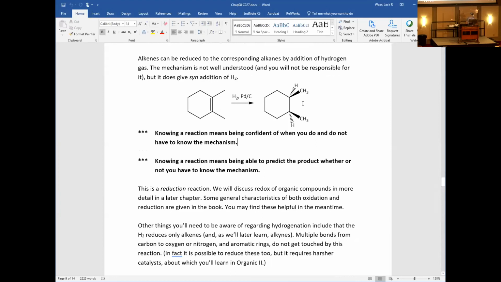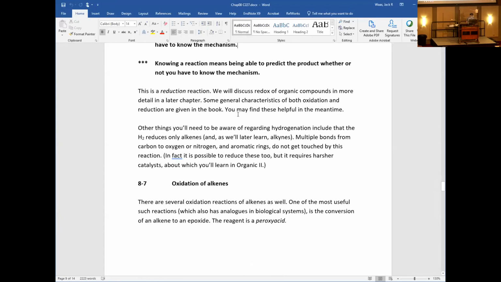One of the ways that we'll define reduction reactions, which we'll get to later, is that you have more bonds to hydrogen in the product than you have in the starting material, and it doesn't even have to be carbon. And we'll have three or four other similar definitions for oxidation and reduction. But I think you'll agree we have these two new bonds to hydrogen in the product that we didn't have in the starting material. So that's how you know it's a reduction.